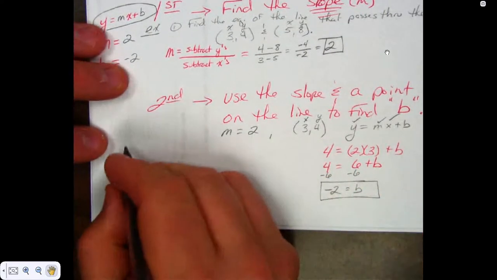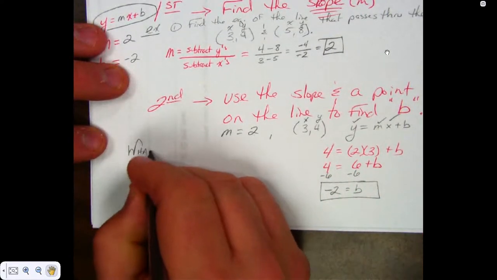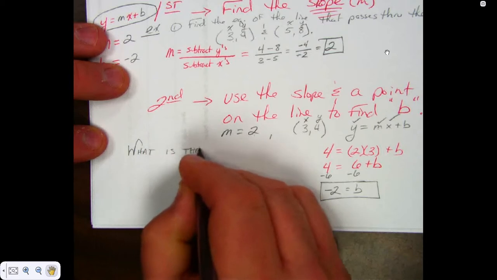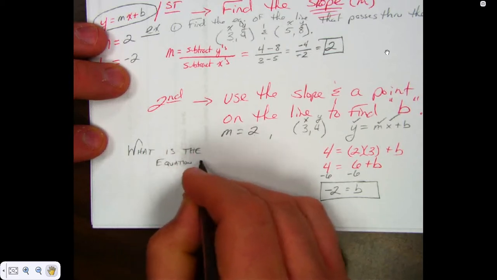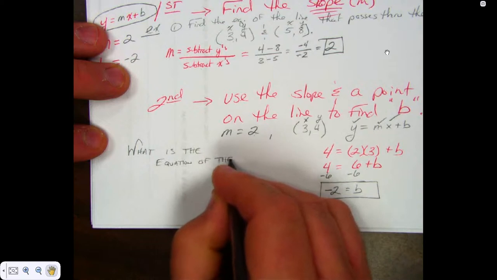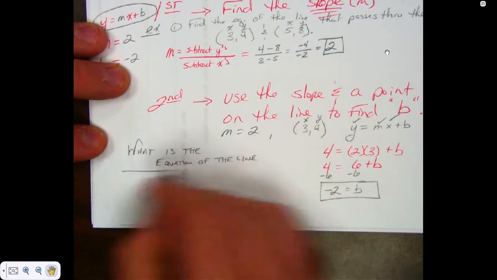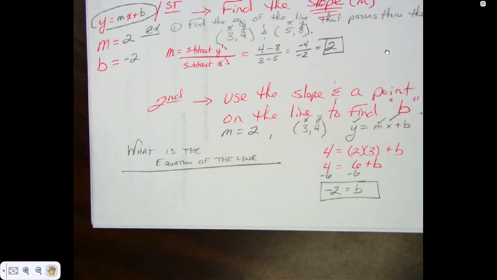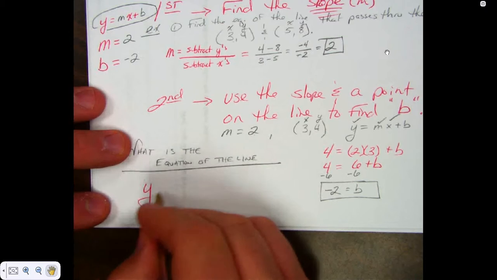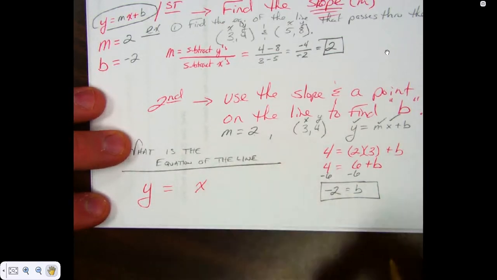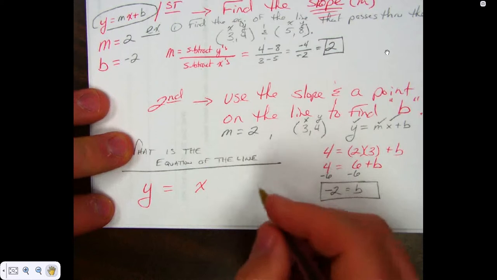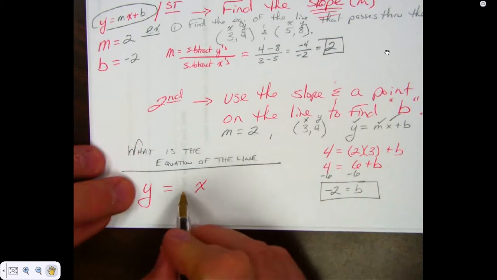So, what is the equation of the line? This is the easy part now. You have Y equal to, then you put some number in for M, X plus B. What do I put in for M?